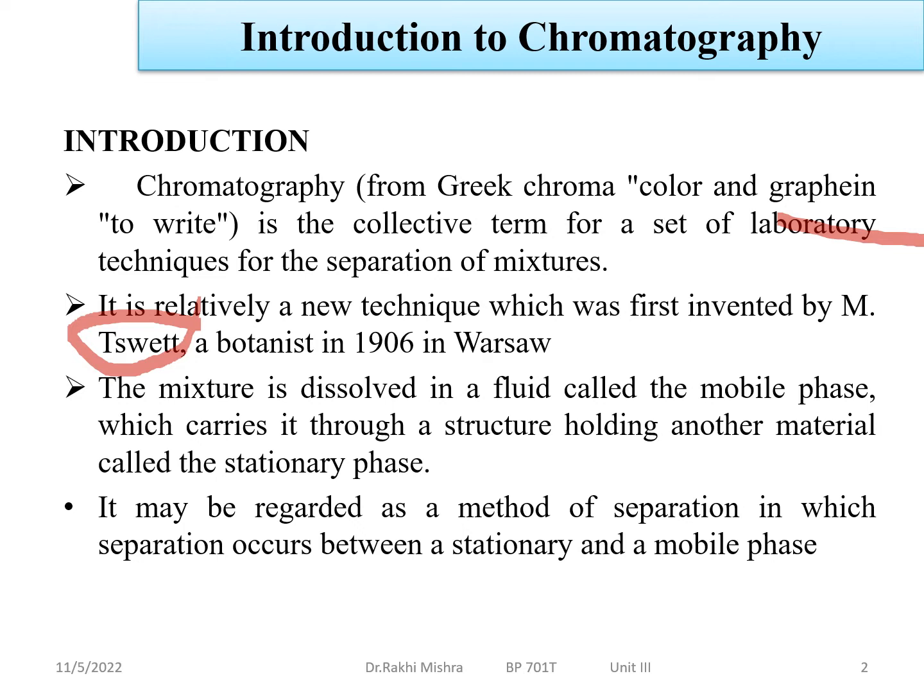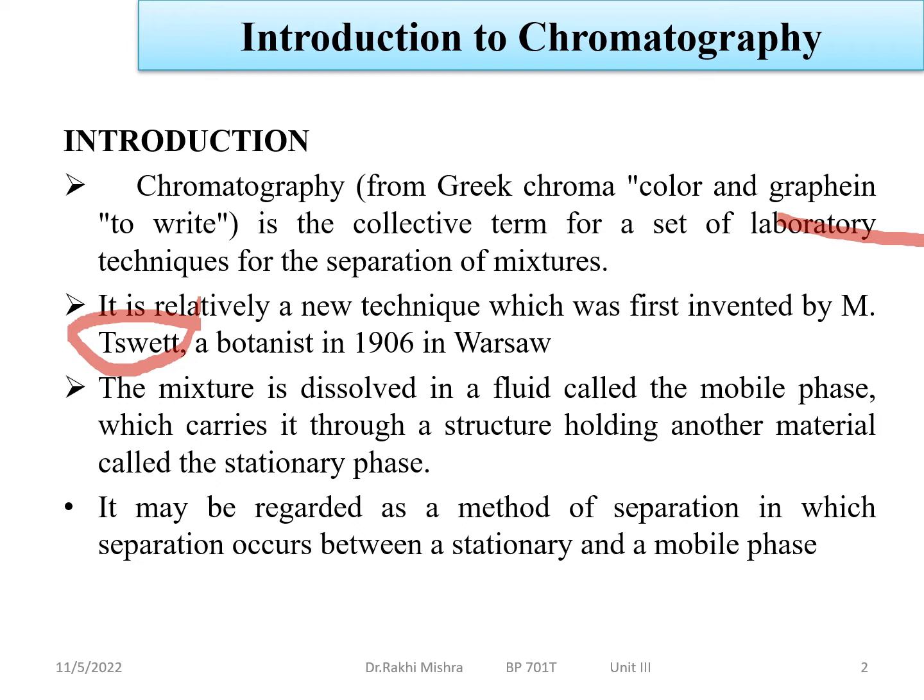It was first invented, as I told you, by M. Sweat, a botanist, in 1906 in Warsaw. Basically, chromatography is used for the separation of compounds. If a layman asks what the components of chromatography are, the first important thing is the stationary phase, on which you perform the separation.